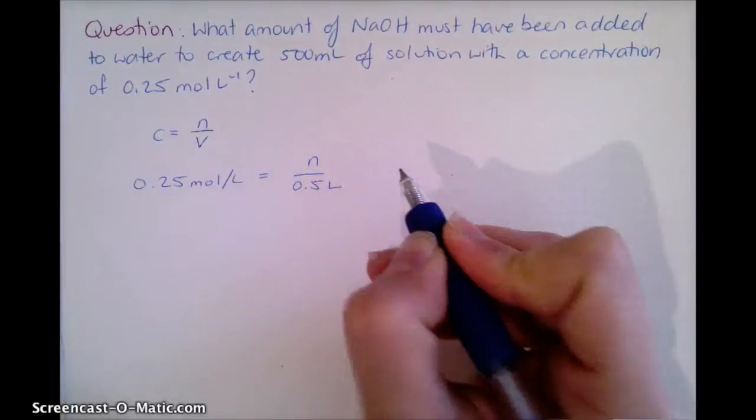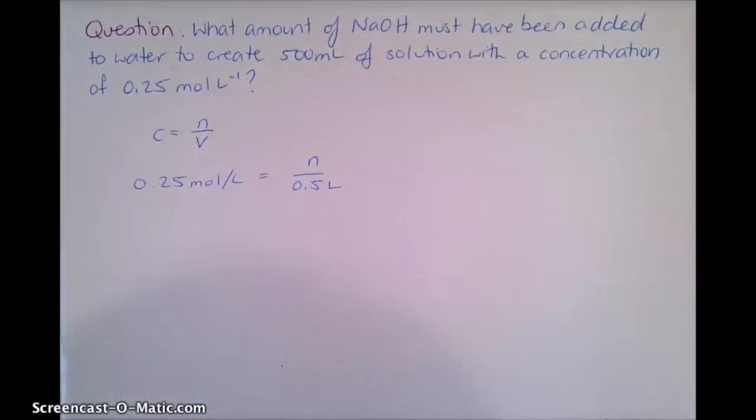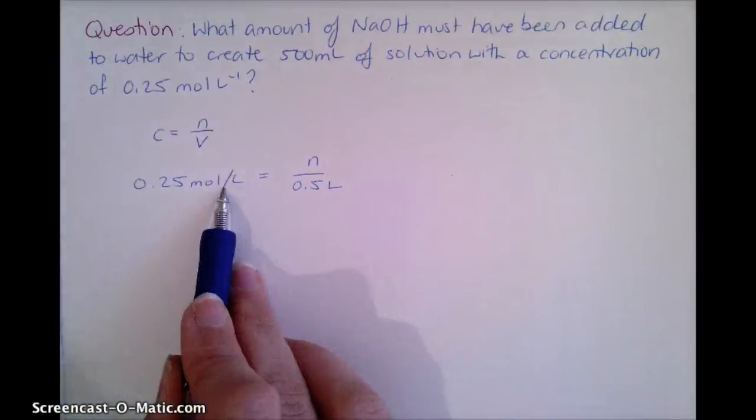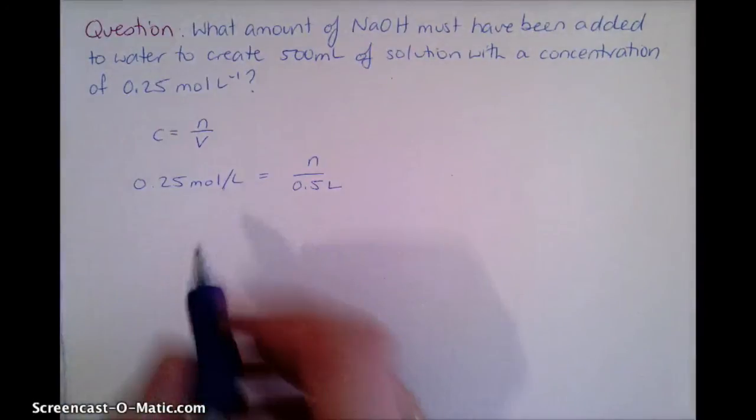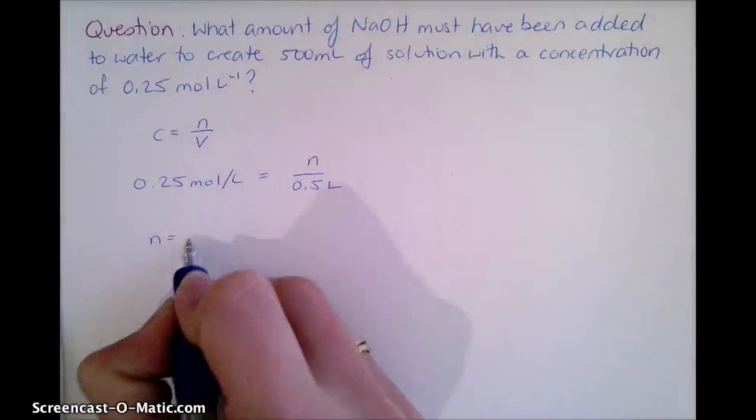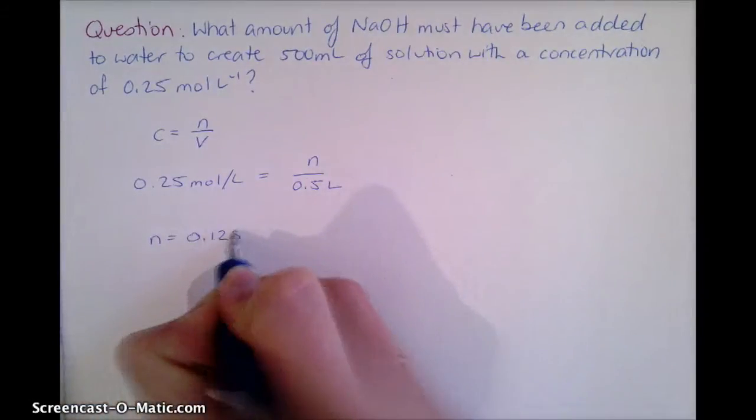And remember that we're given it in mils, we need to convert it to litres, so that's why it's 0.5 litres. Now, if we rearrange this equation and we multiply both sides by 0.5, we can work out that the number of moles is 0.125.